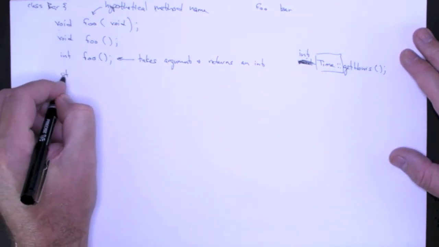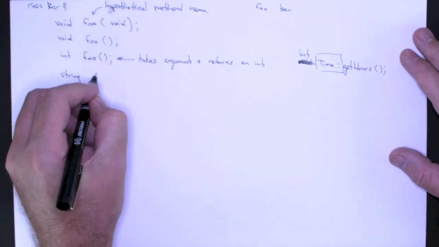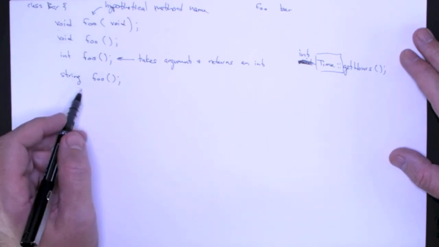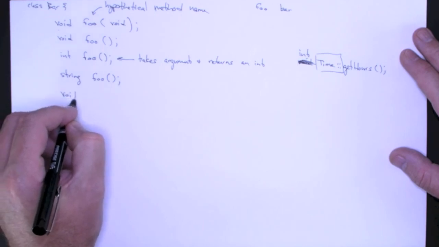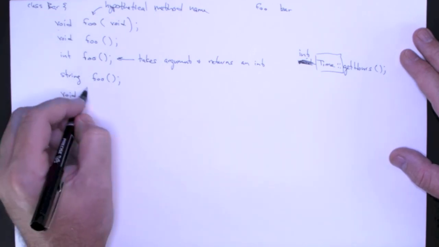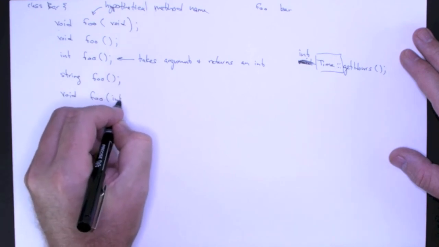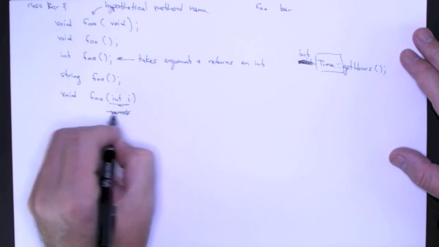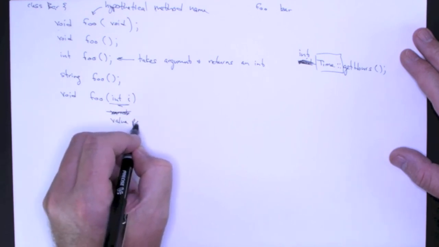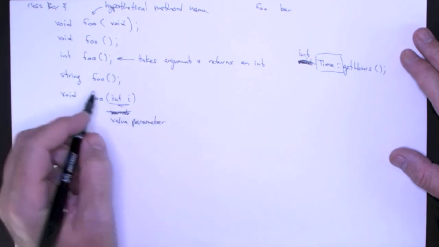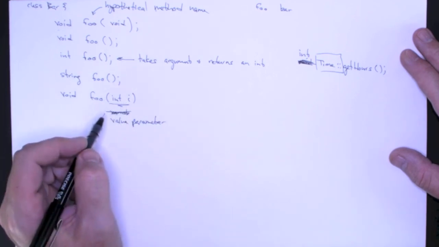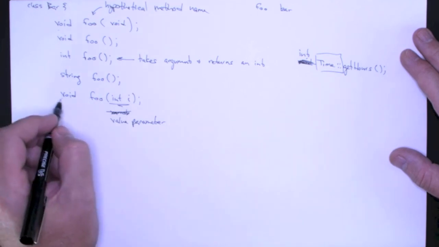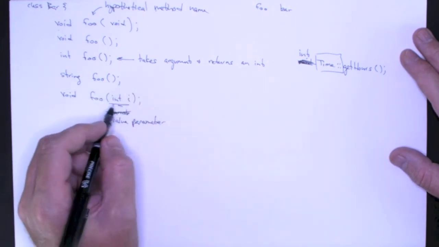And of course, you're not limited to just an int return type. You can also return a string. And we can also pass information in. Now, this is a declaration of a value parameter, right? And we know that because there is no ampersand. So this takes one argument and it returns nothing, and this actually looks like a set method.